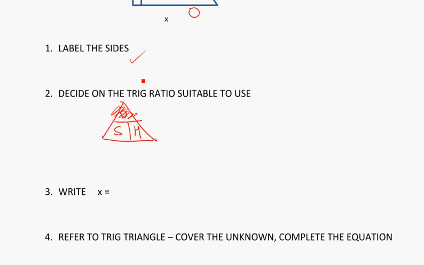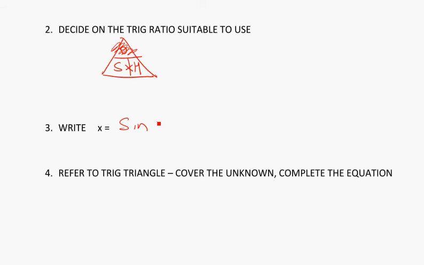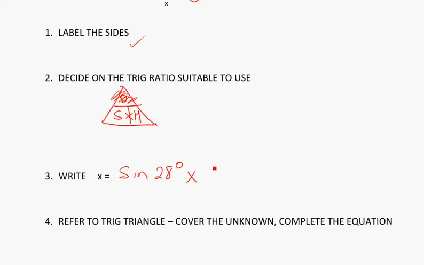I'll put my finger on it, and what's left is your equation. Now if it's a 2 on the bottom, it's multiplied together. So x equals the sine of the angle, and we better have a look and see what the angle is. It's 28 degrees. The sine of 28 degrees times the hypotenuse, the length of the hypotenuse, which is 10.5 meters.